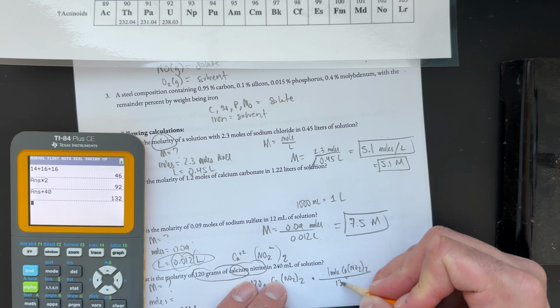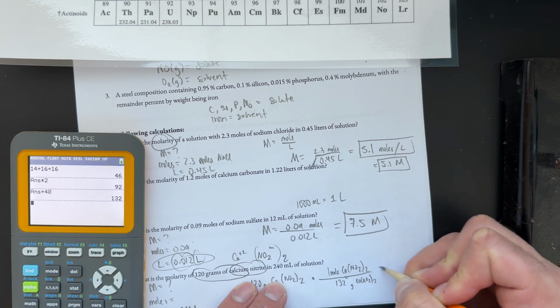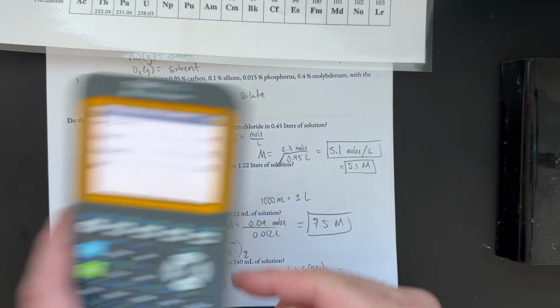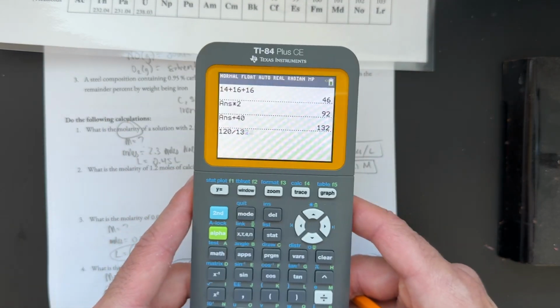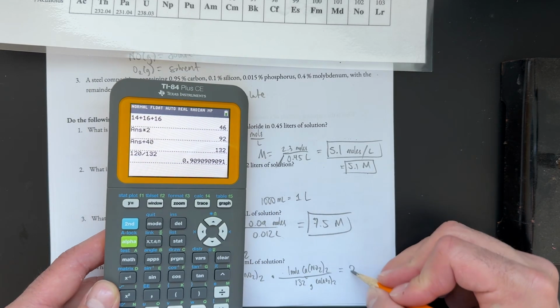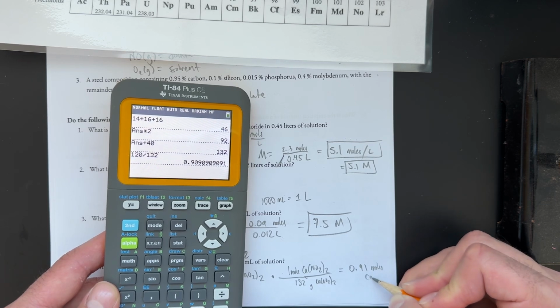So it's 132 grams of Ca(NO2)2 equal to 1 mole of it. And so when we do this, 120 times 1 divided by 132 is going to be 0.91 moles of Ca(NO2)2.